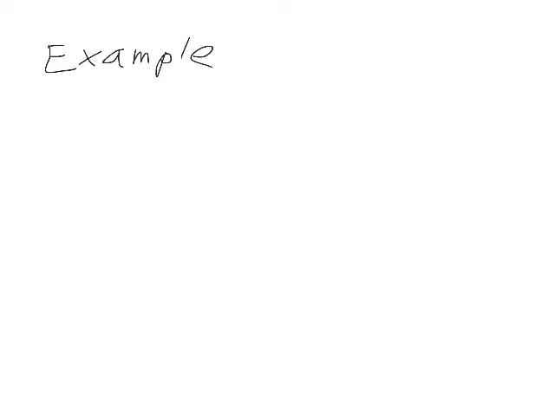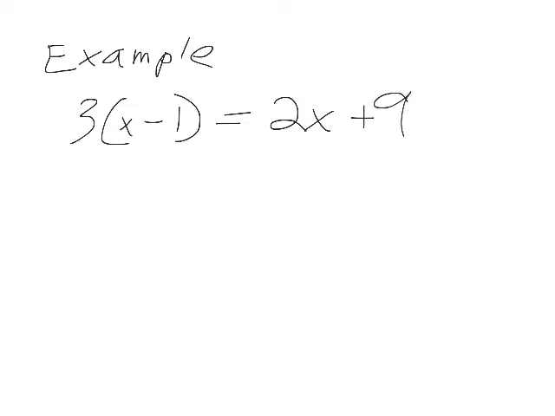So this example, let's do 3 times x minus 1 is equal to 2x plus 9, okay? And not equal to, sorry. I'm going too far back to equations here. Let's do maybe greater than or equal to, okay?